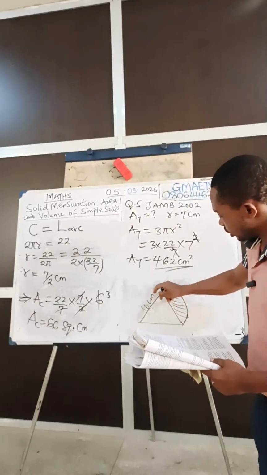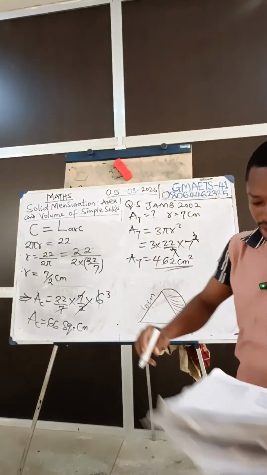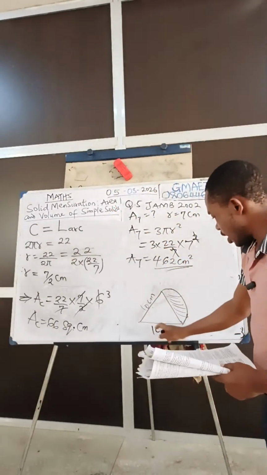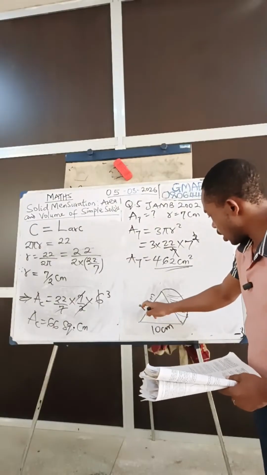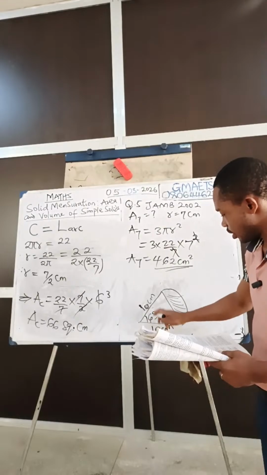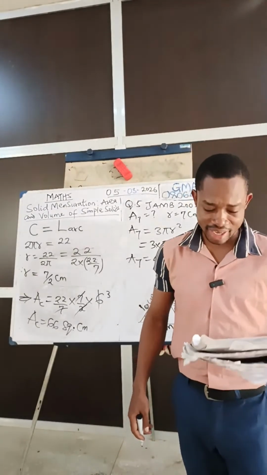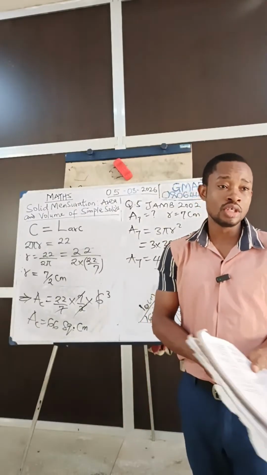They gave us here to be 10 centimeters. You could solve it as personal work at home. They gave us 10 cm, 10 cm, and then this angle to be 63 degrees. And the question says, calculate the area of the shaded segment of the circle shown in the diagram.